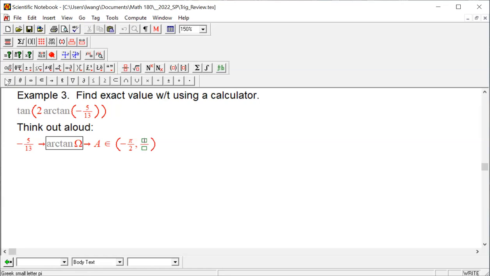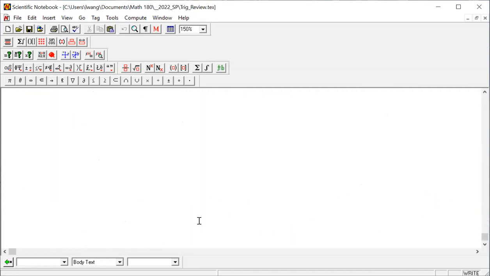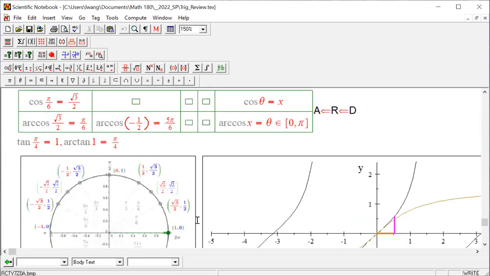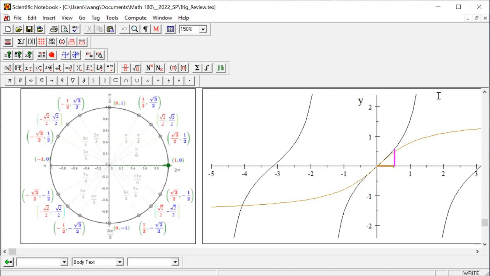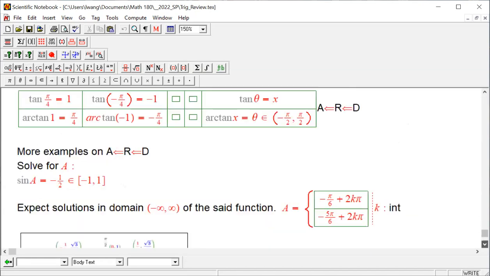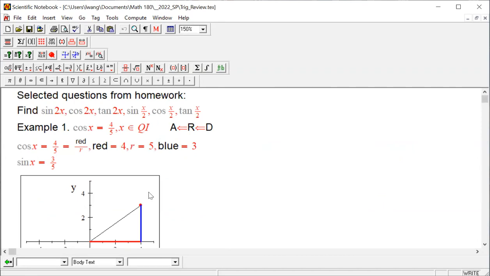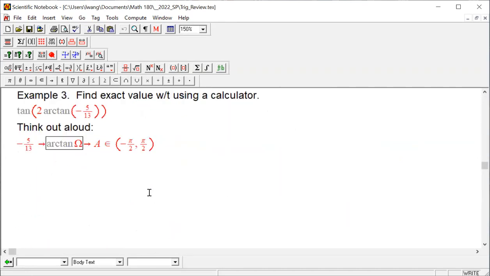We reviewed those concepts long before. The output for arctan is between -π/2 and π/2, exclusive. These pieces of information have tremendous application in our work.